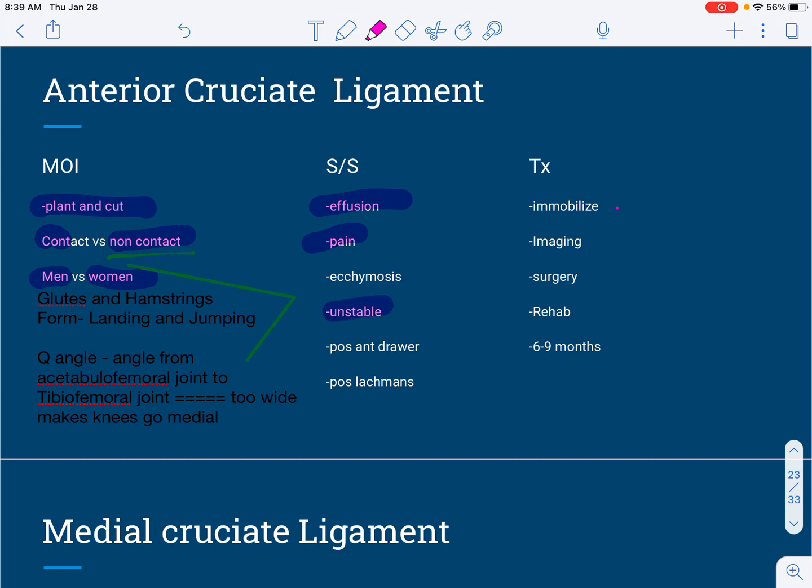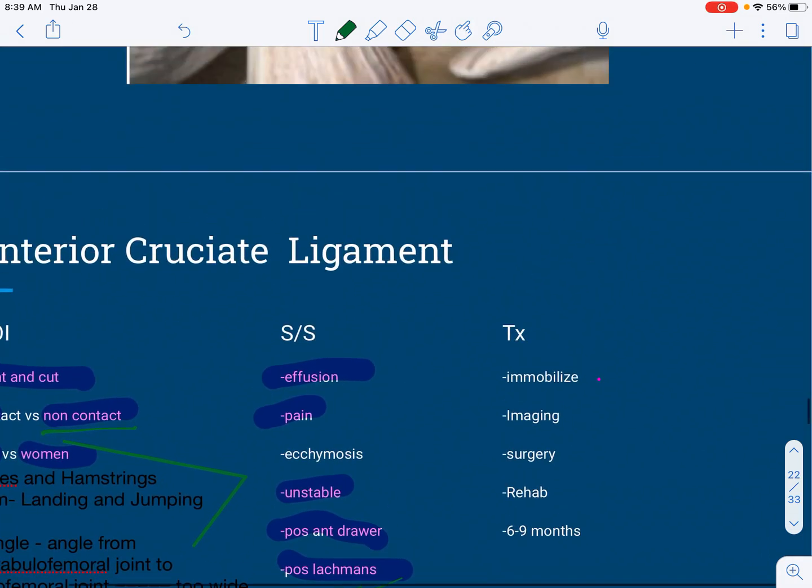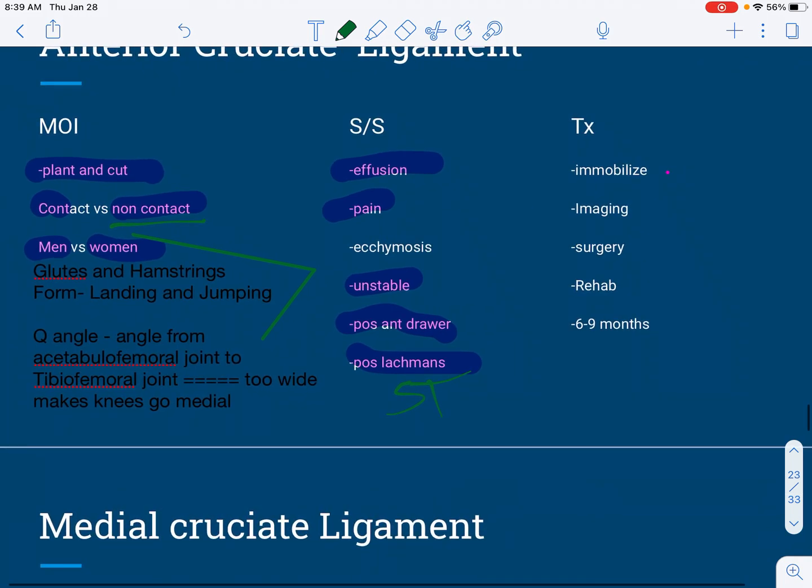It won't be stable. And then there's a positive anterior drawer and positive Lachman. These are the two special tests that we'll go over. And something that's not on here is they almost always feel a pop when this happens.